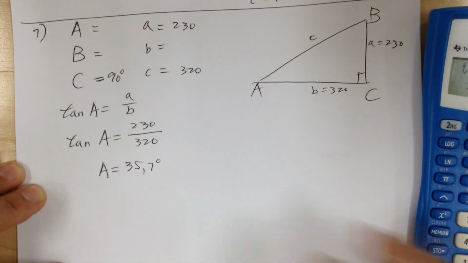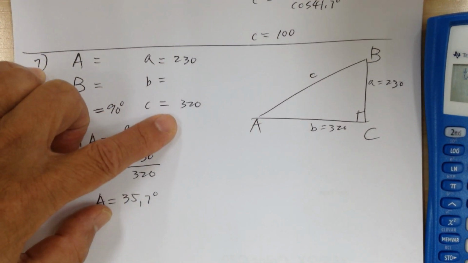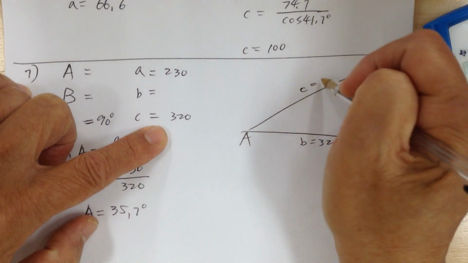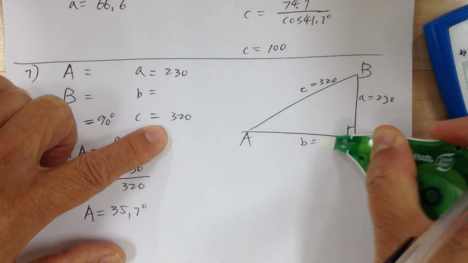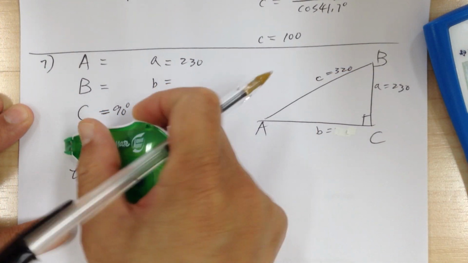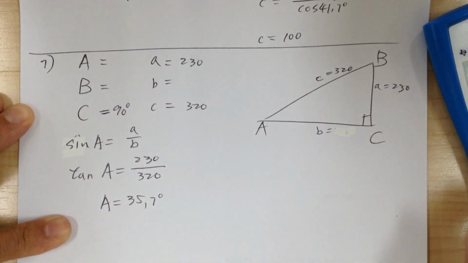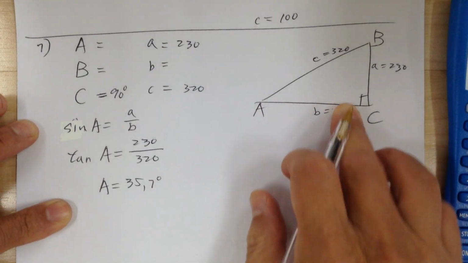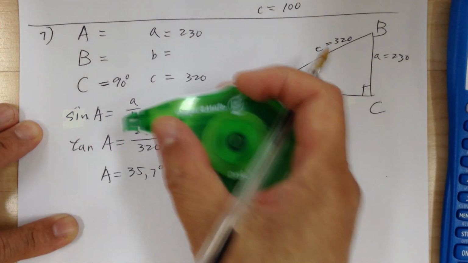Oh wait, back up. I messed up. I put this in the wrong place. In this case, this is going to be sine. So again, that's why you have to draw things out. It helps you to visualize, so it's easy to catch mistakes. So sine A is a over c.